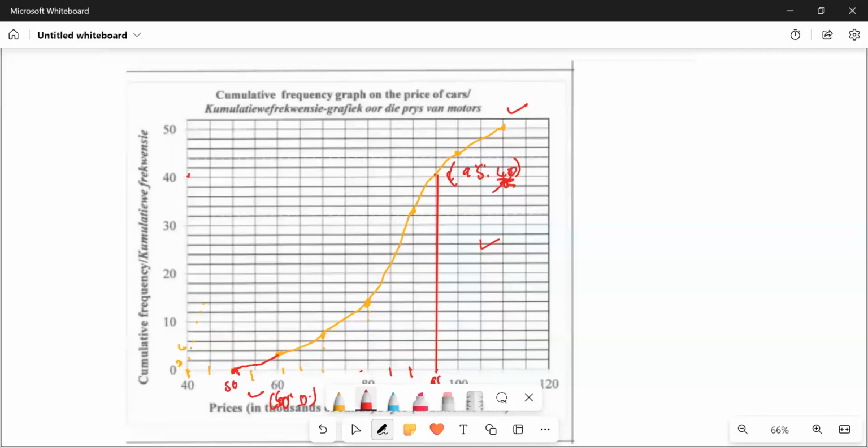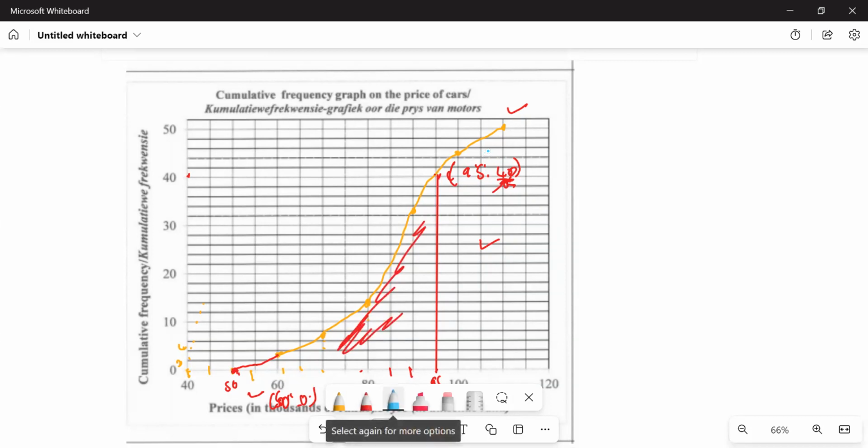Let's say they said maximum. It's above. They wanted to spend above 95,000. So below is this one here. You shade this part here. Above, you're going to shade this part here. Does it make sense? So if it's above, then we're going to have this value here, which is 110, which goes with 50.